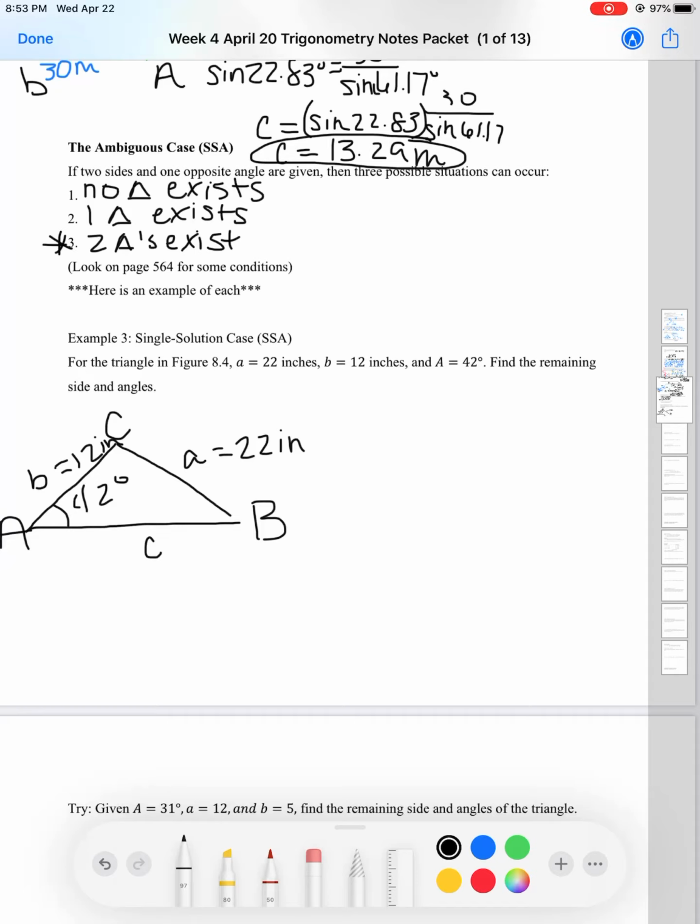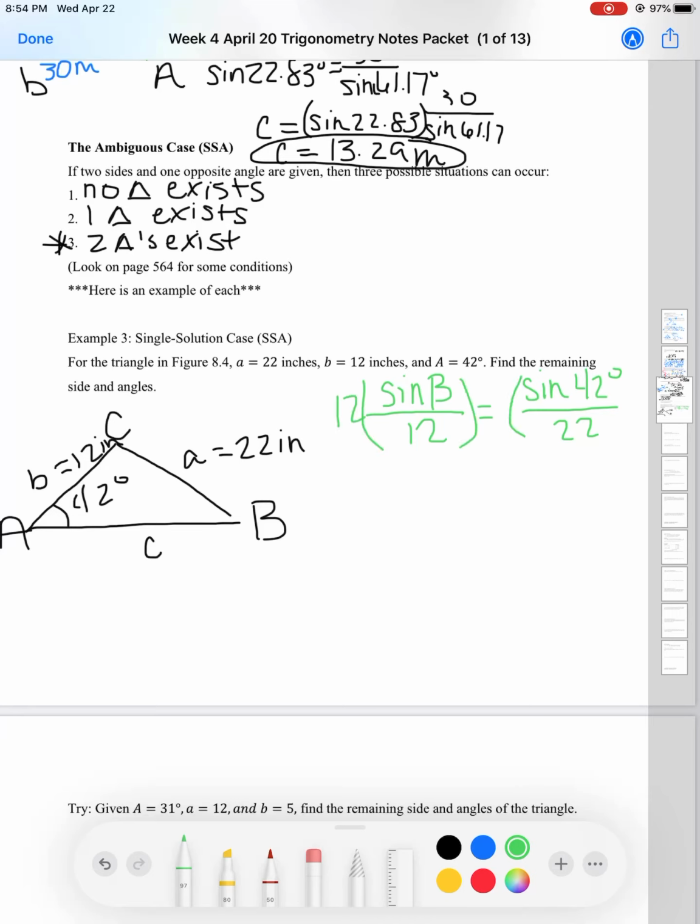We're going to start with finding angle B. And remember I said at the very beginning, we want to have our unknown on the top. So we're going to use the reciprocal form here. We want sine B over side B, which is 12, equals sine A, which is sine of 42 degrees, over 22.